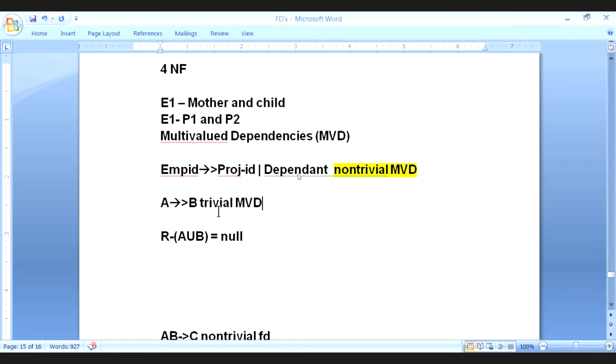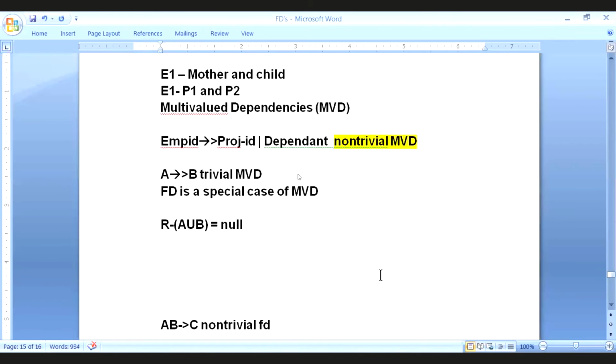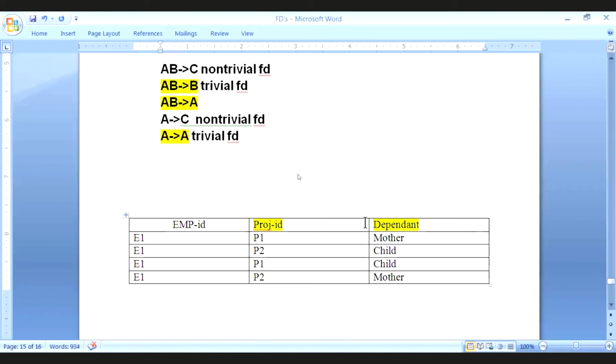A is associated with multiple values, this is not there. Sometimes it is asked if it is a special case of MVD. Okay.